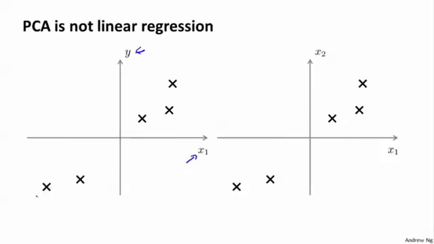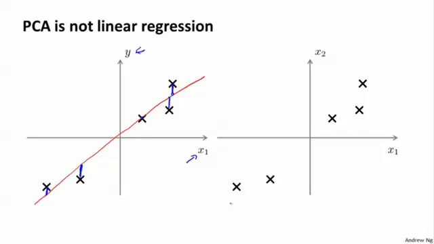So we're fitting a straight line to minimize the squared error between the points and this line. What we'd be minimizing is the squared magnitude of these blue lines, and notice I'm drawing these blue lines vertically: they are the vertical distance between the point and the value predicted by the hypothesis.